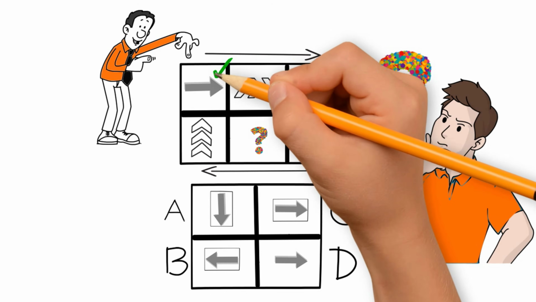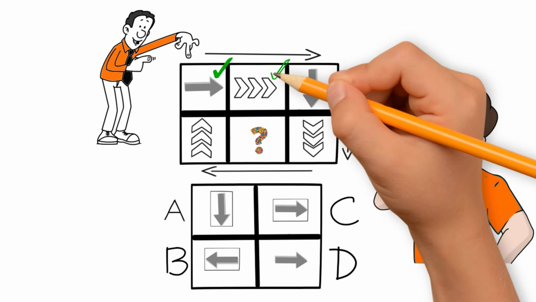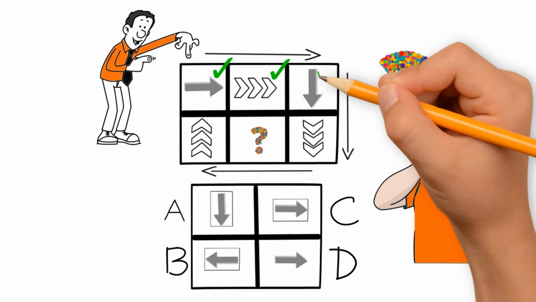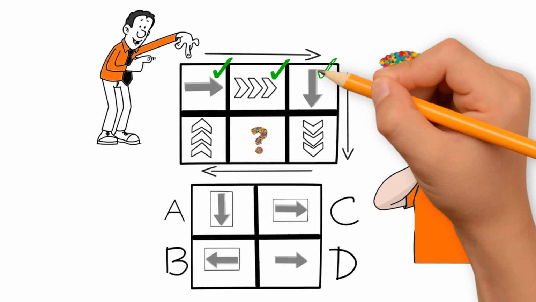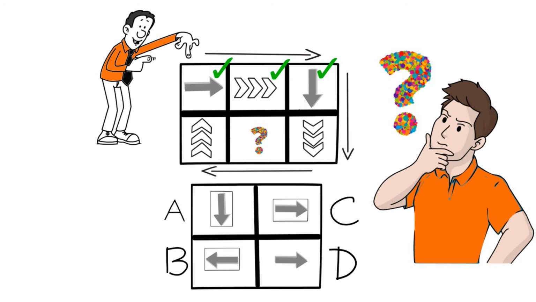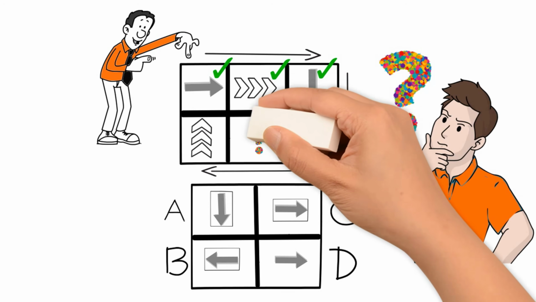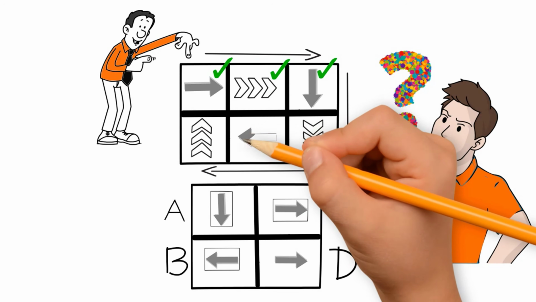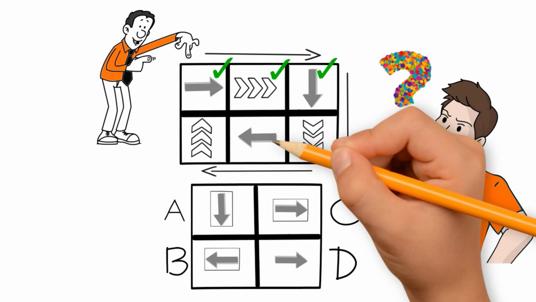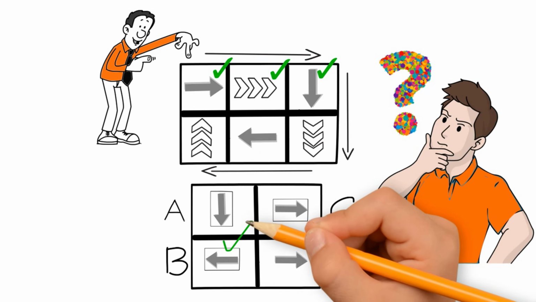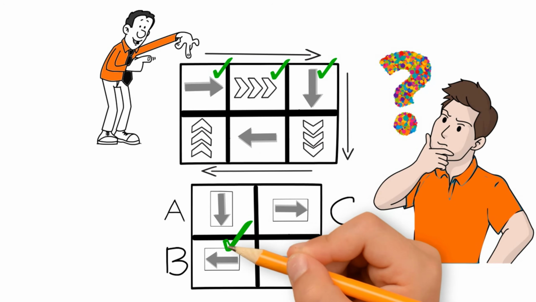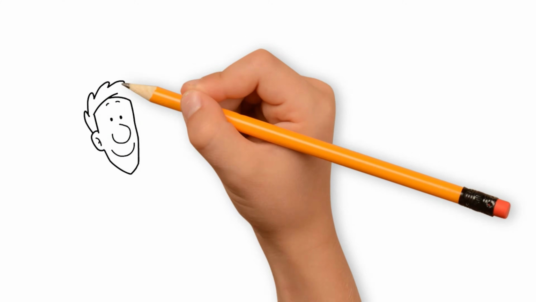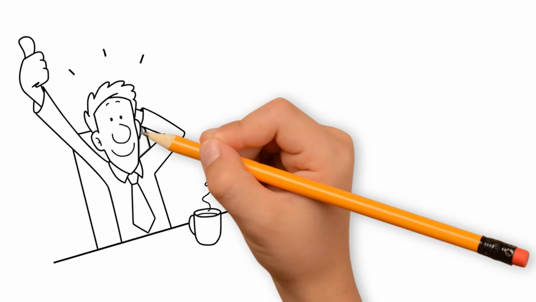The second pattern is that inside the box, solid arrows rotate clockwise. And the third pattern, which is a little harder to identify, is that the previous arrow points to the next arrow's start. This is why the missing part, the part that you would need to identify, contains an arrow placed in the right corner pointing to the left. So the correct answer here is choice B. Hopefully you've nailed this question and now know how to answer similar problems in the test.